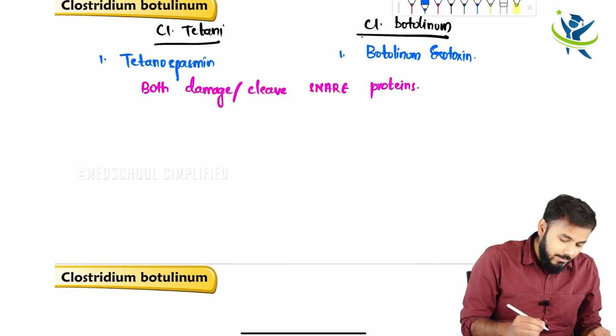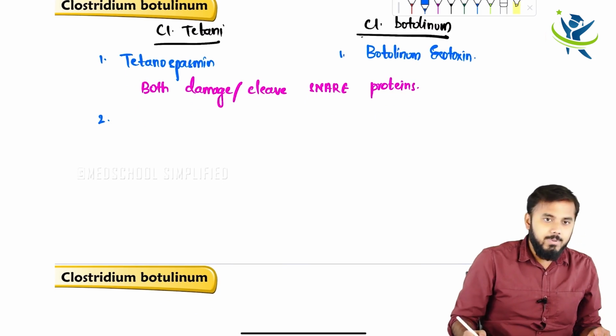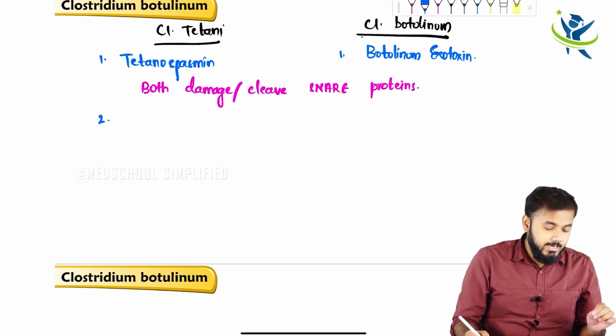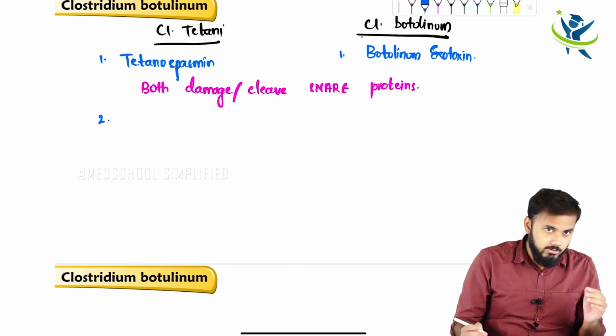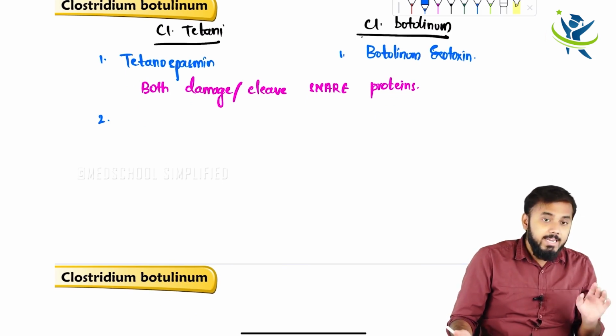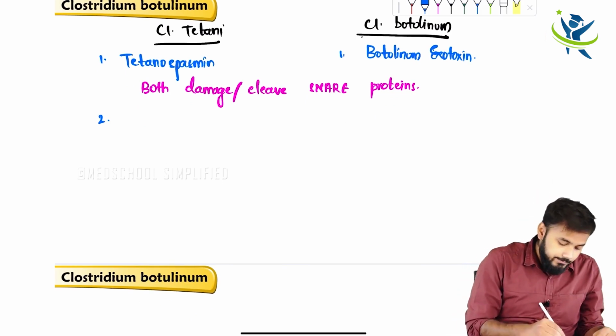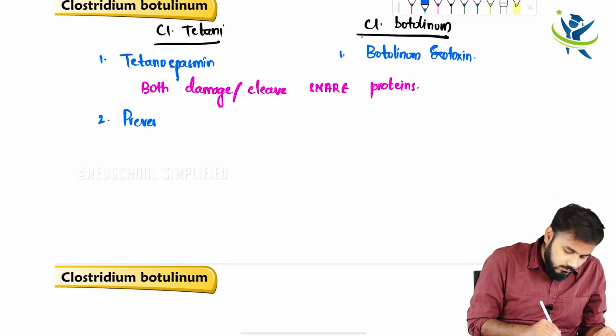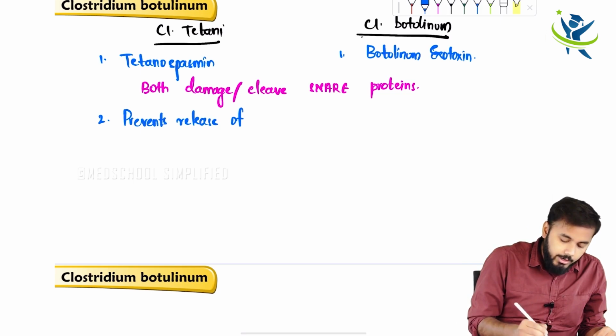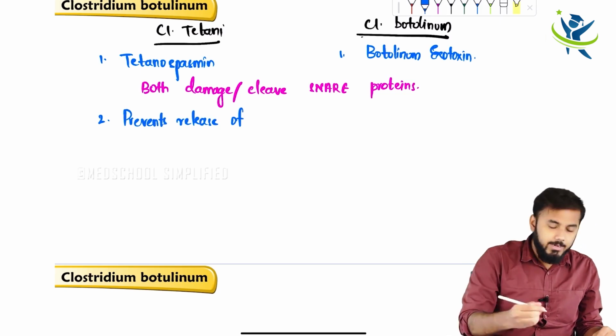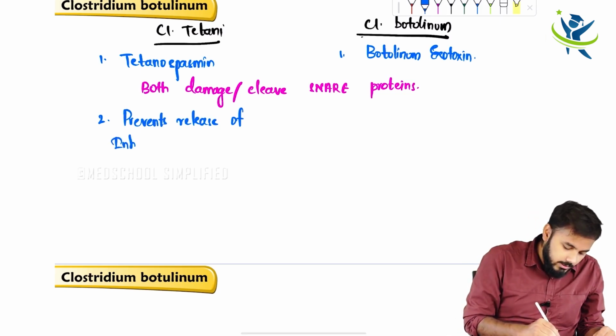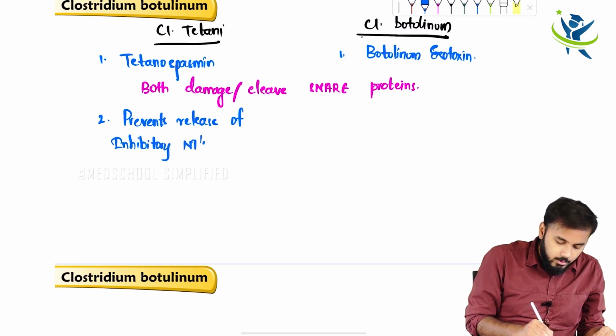But what is the difference in the pathogenesis? The difference is that the Clostridium tetani toxin, tetanospasmin, prevents the release of what neurotransmitter? Activatory or inhibitory? Inhibitory neurotransmitter.